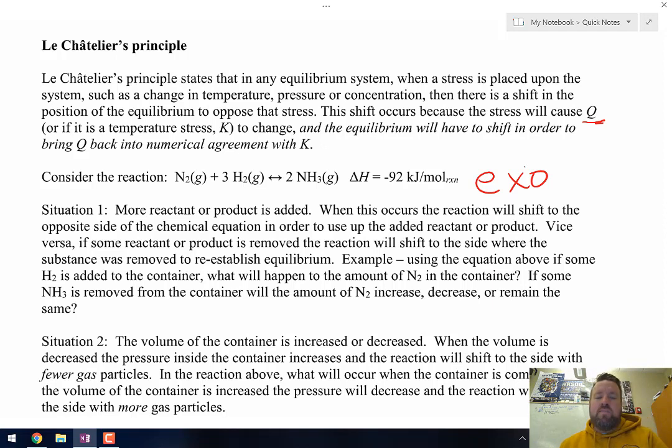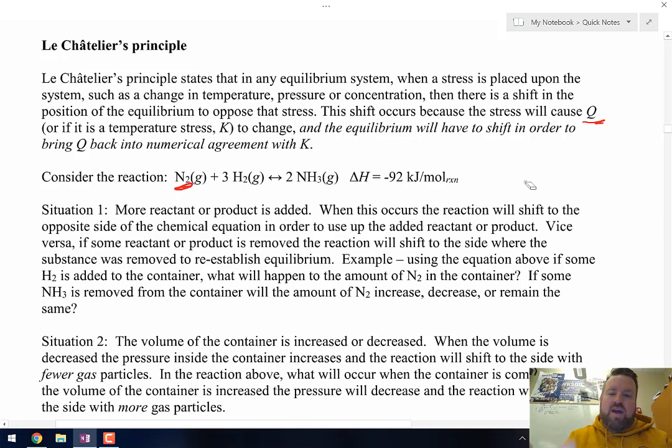Number one is you're going to add or remove some of the reactant or product. Let's say we've added some nitrogen. The reaction is going to shift, or proceed, to the opposite side of the chemical equation in order to use up the added reactant.